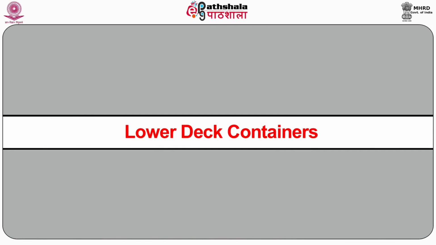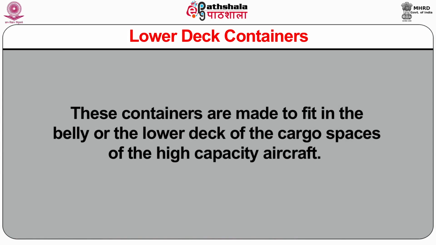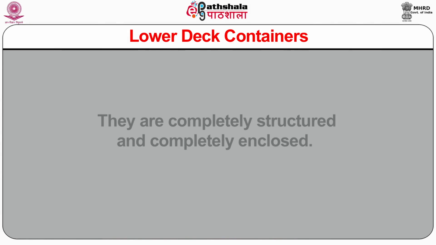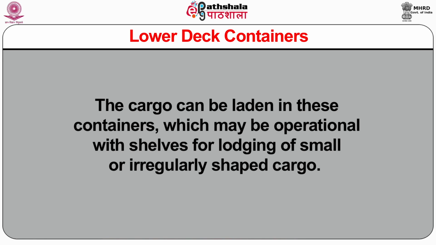Lower deck containers. These containers are made to fit in the belly or the lower deck of the cargo spaces of the high capacity aircraft. They are completely structured and completely enclosed. The cargo can be loaded in those containers, which may be operational with shelves for lodging of small or irregularly shaped cargo.